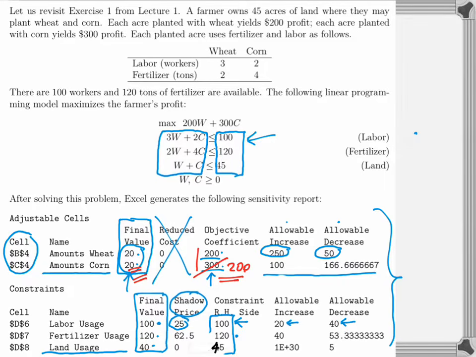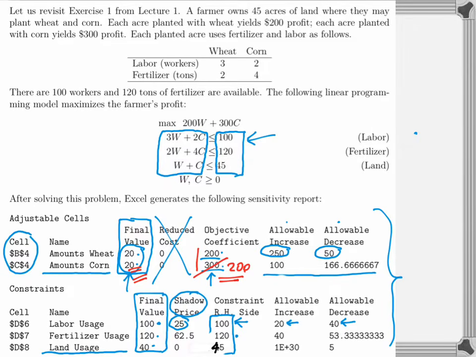Okay, so meaning as long as you want to raise this number 100 by no more than 20, so it can go up to 120, or lower it by no more than 40, every unit that you change this number 100 by will have an impact of $25 on your profit.